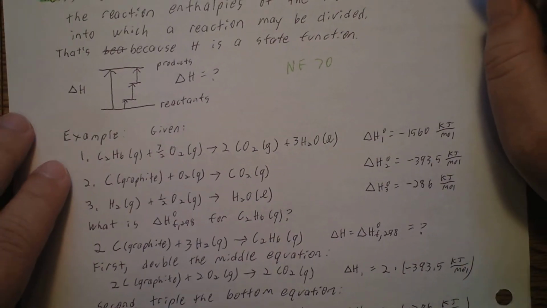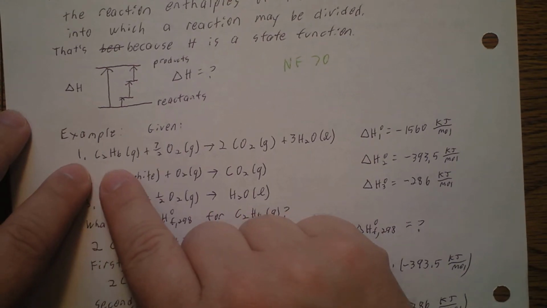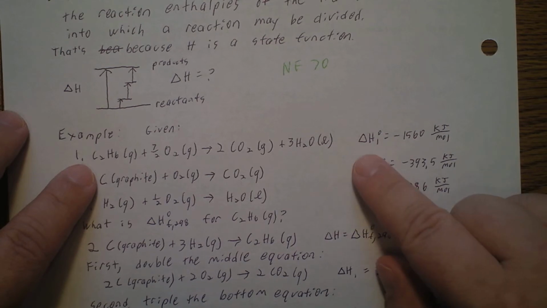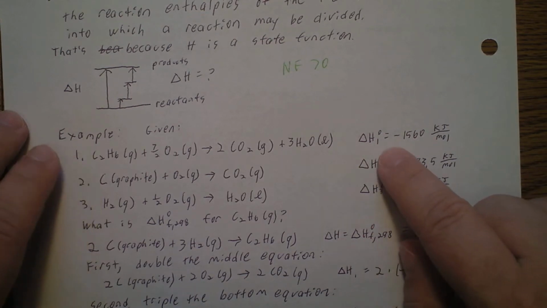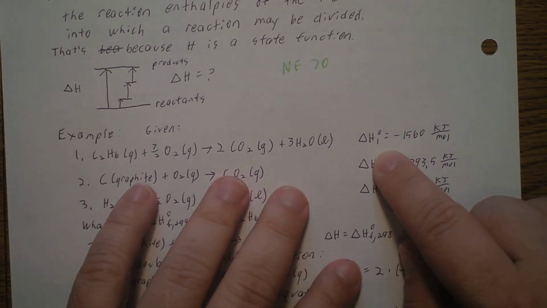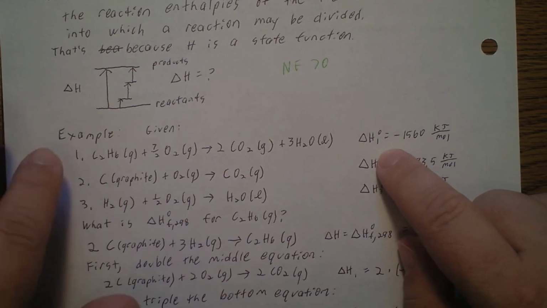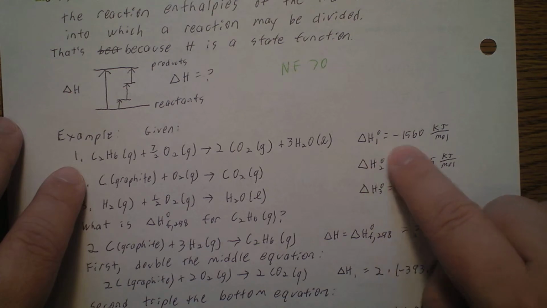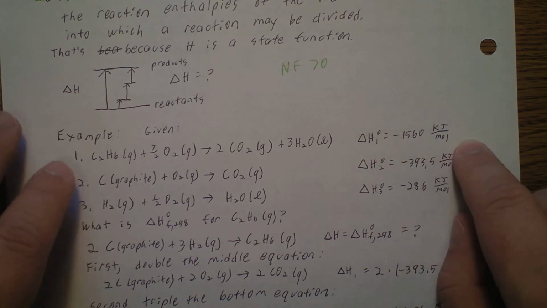So here are some examples. Here we are with ethane again and oxygen going to carbon dioxide and water. So the change in enthalpy, oh, it must be equation 1. In the standard state, that is going to be minus 1,560 kilojoules per mole.